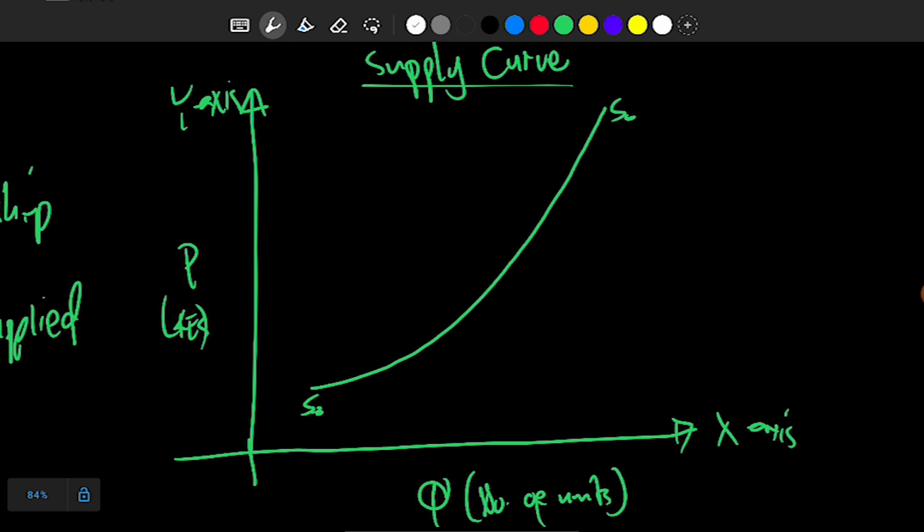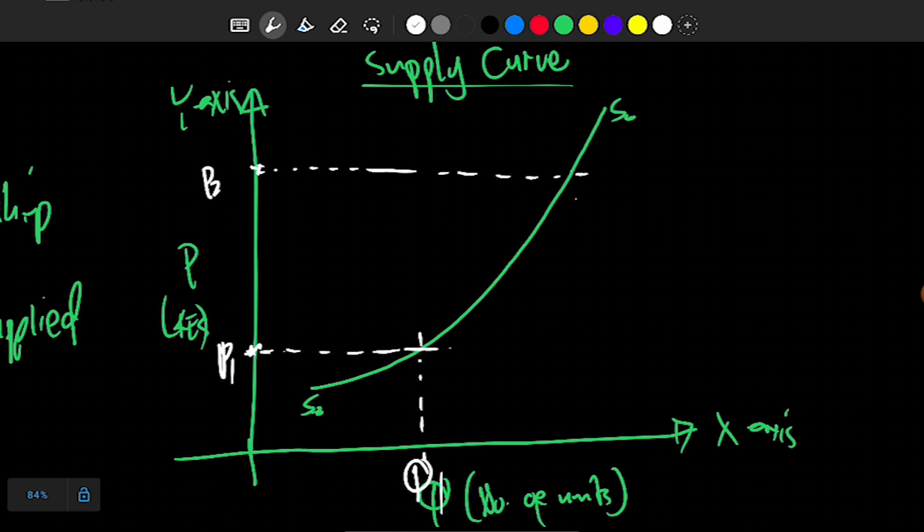For example, if you pick any point, let's say this is price P1 here, that corresponds to a quantity Q1. Assume there is an increase in the price of goods and services from P1 to P2, then you will see when we interpolate this, it corresponds to a higher quantity supplied on the x-axis. And that's basically what we said about the law of supply.